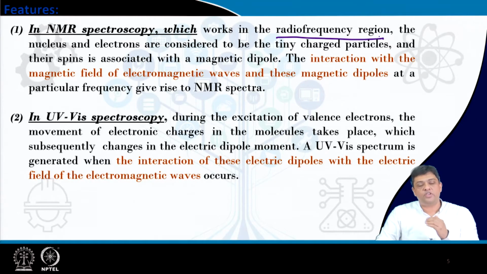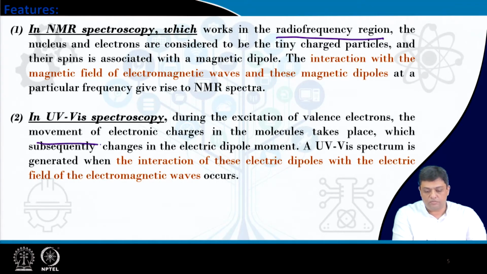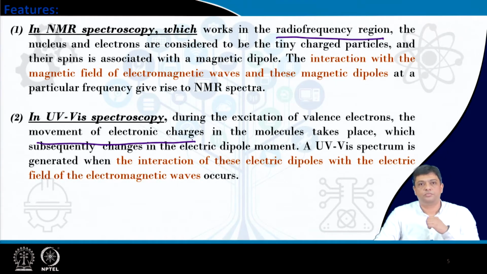Similarly, in UV visible spectroscopy, what happens? During the excitation of valence electrons, means you are exciting the valence electron, let us say from valence band to conduction band. Once there is a movement of electron, what is associated? There is a movement of electronic charge in the molecules, which subsequently changes the electric dipole moment.